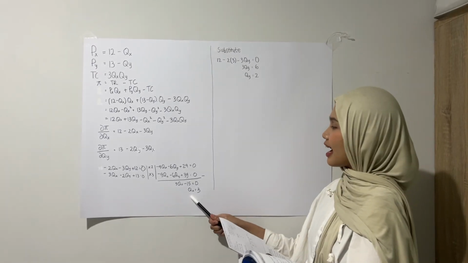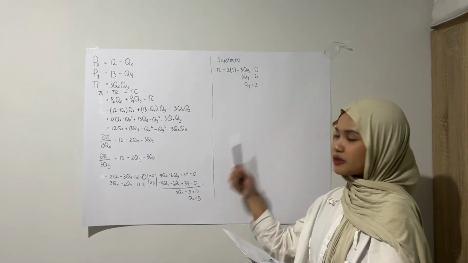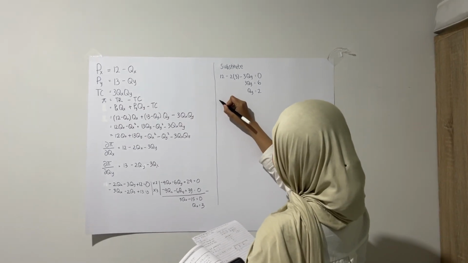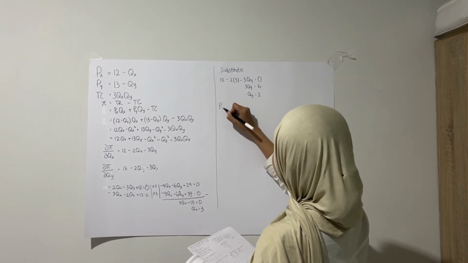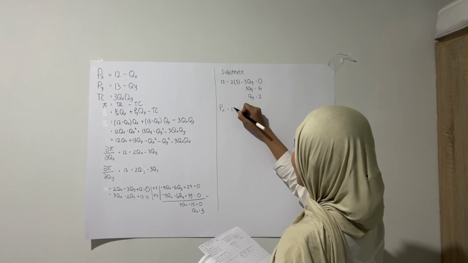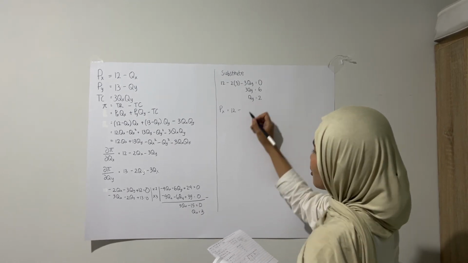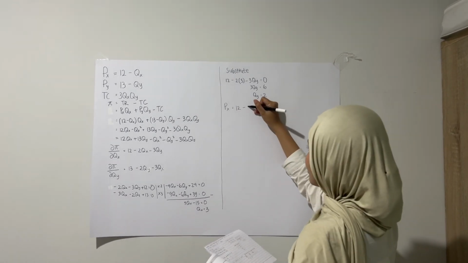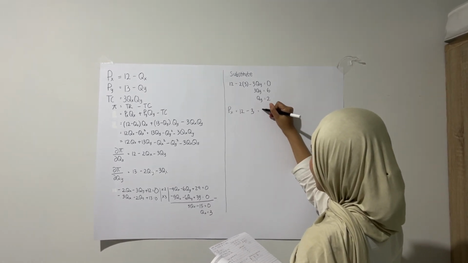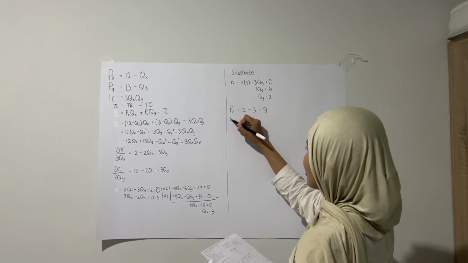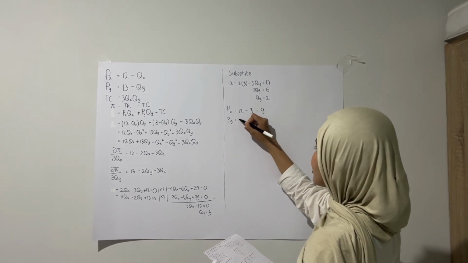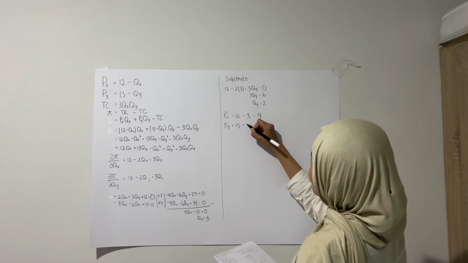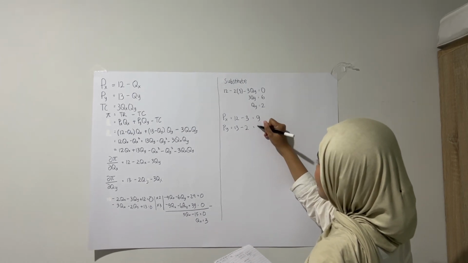After we get qx and qy, we should substitute to find px and py. First, px equals 12 minus 3, equals 9. And then py equals 13 minus 2, equals 11.